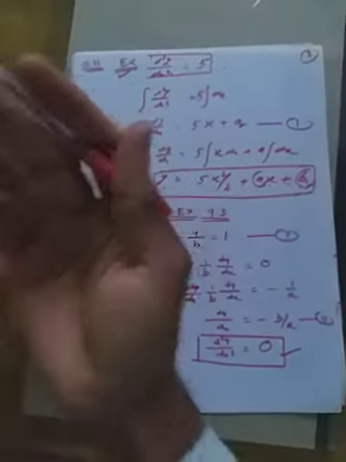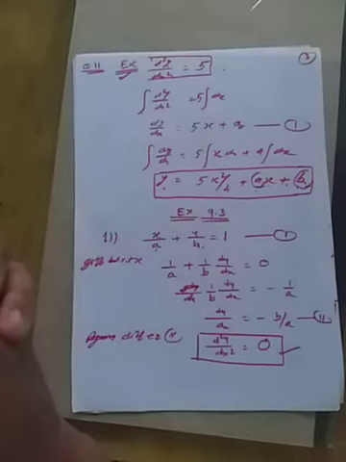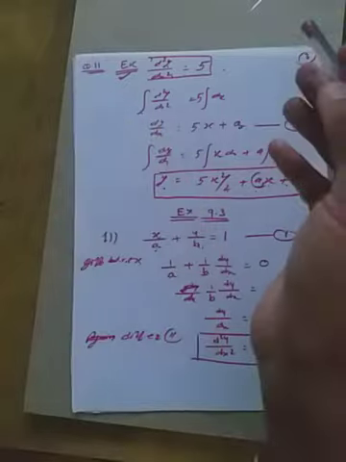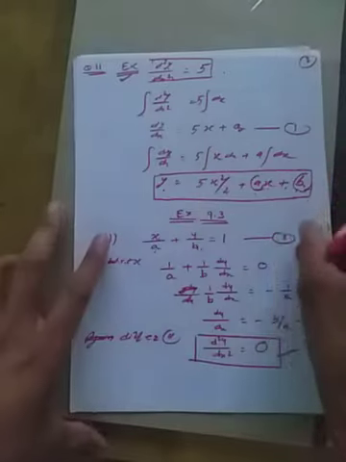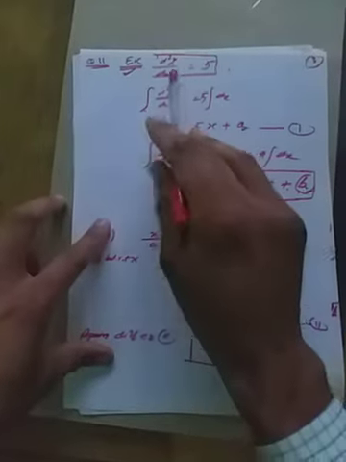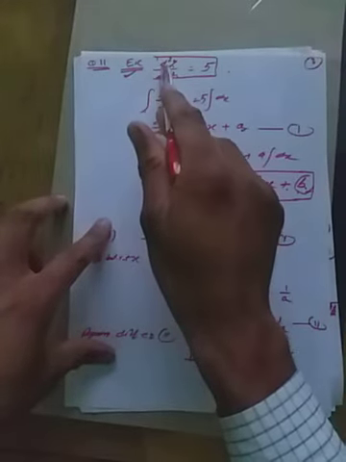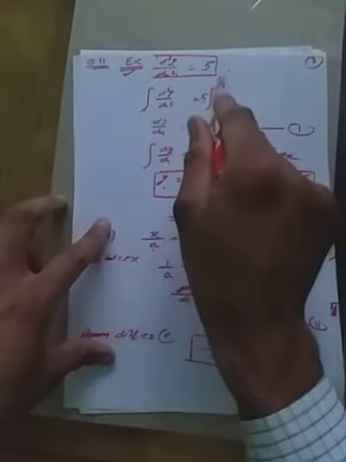Now come to question number 11. In this question, I have to find out the number of arbitrary constants in a differential equation of order 2, right? Let us understand with the help of this example. Let us suppose we have a differential equation of order 2, d square y by dx square equal to 5.